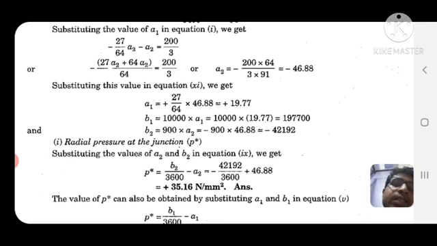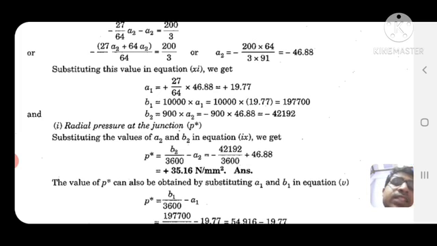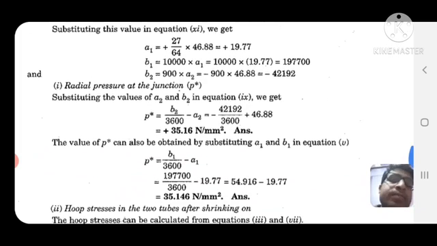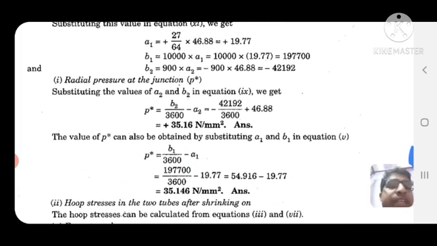So minus 27 A2 minus 64 A2 by 64 equal to 200 by 3. So A2 is equal to minus 46.88. A1 is equal to 27 by 64 into 46.88, that is 19.77.